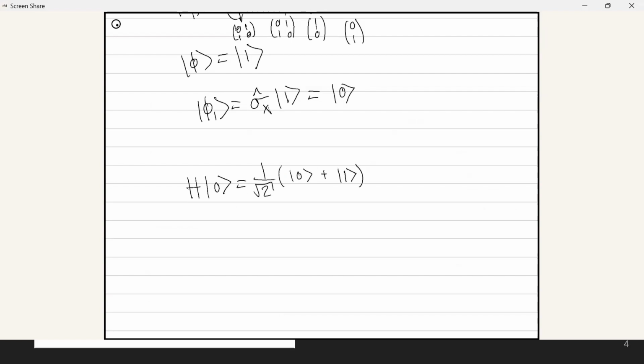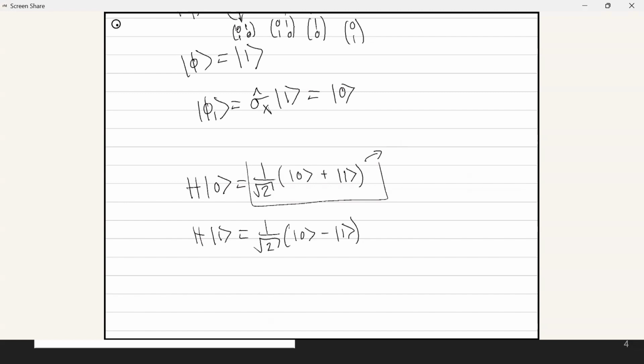And then if you do Hadamard on 1, you get 1 over root 2 times 0 minus 1. I don't want to write out applying a Hadamard again, but let's start with this. For this one, we can check to make sure that a squared plus b squared is still equal to 1.